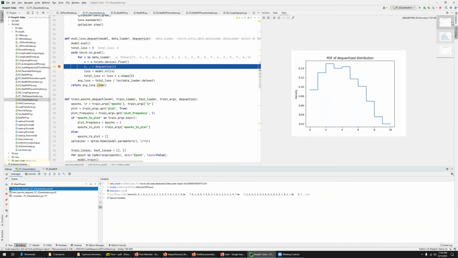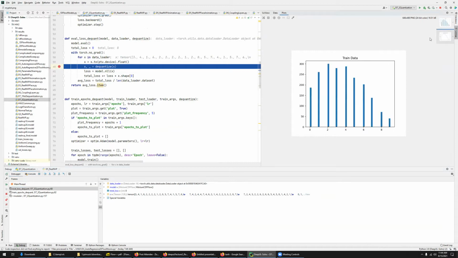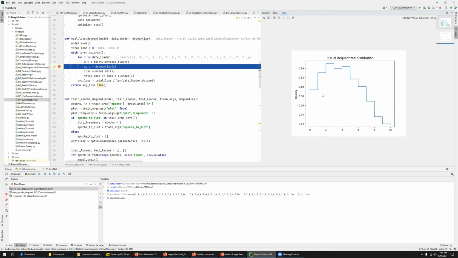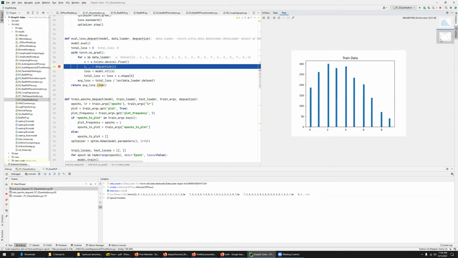Okay, so this is our original data. And the idea is that now, instead of having point mass densities and zeros everywhere, we'll have this kind of density. And we're going to try and learn this density rather than learn this point mass version of the density.